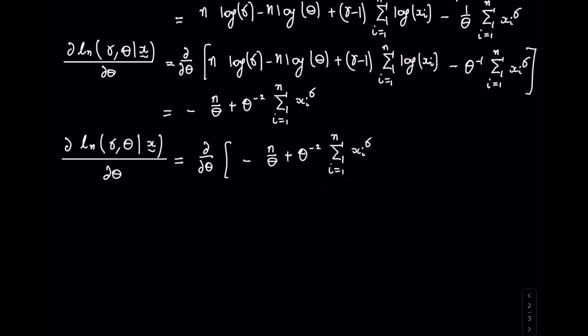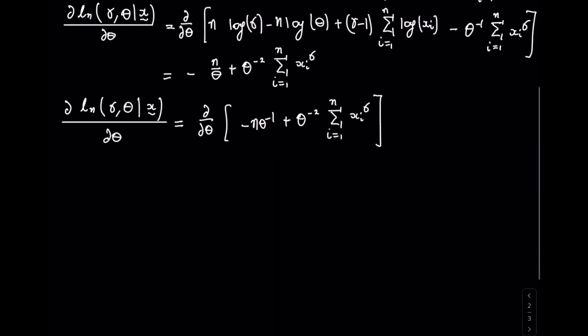So we'll put it in here. The only distinction, of course, is I'm going to rewrite my n on theta out the front here to n theta to the -1, again allowing us to differentiate a little bit easier. So let's do that now.